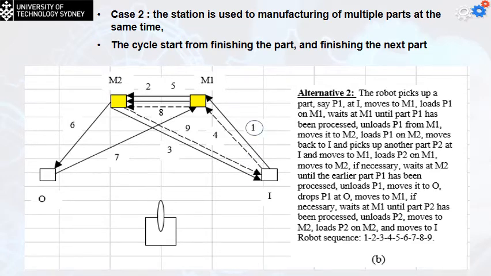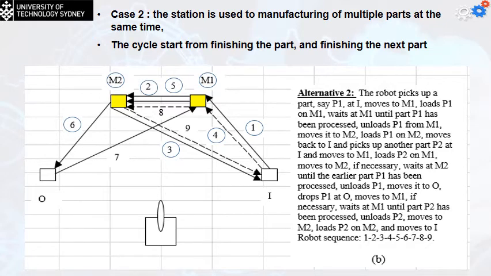So we simply pick the part and do step number 1, travel to machine number 1. After machining at machine number 1, we pick out the part and do the second trip to machine number 2, put it down there, and go back to the input point, pick a new part, and make movement number 4 to put it on machine number 1. Then travel back to machine number 2, waiting for the part at machine number 2 to be done.